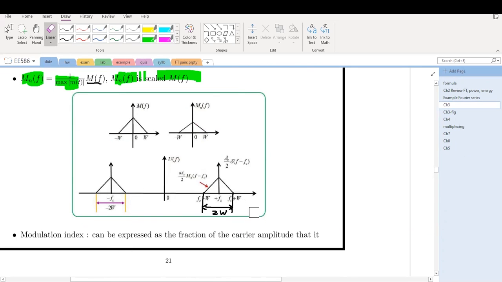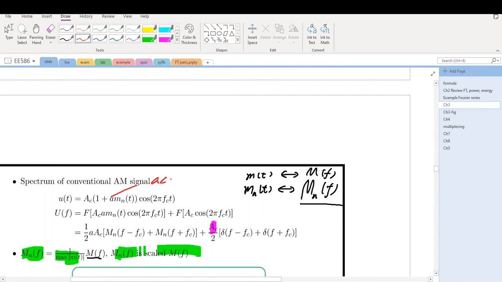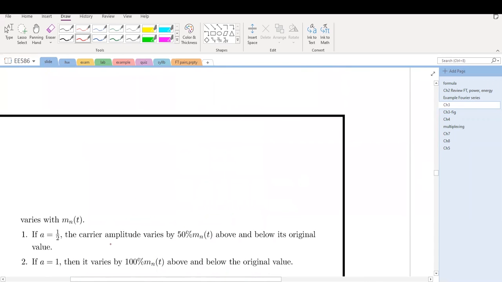The modulation index is less than 1. The value of a controls the fraction of the normalized message that goes into the carrier. For example, if a equals half, that means 50% of m_n(t) will be introduced into the magnitude of the carrier.